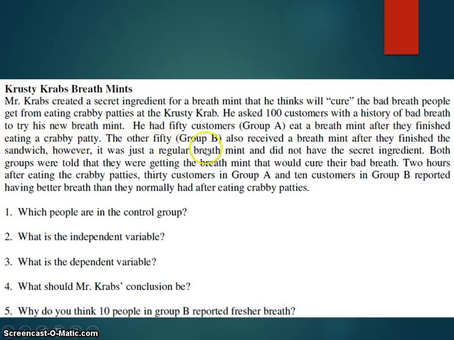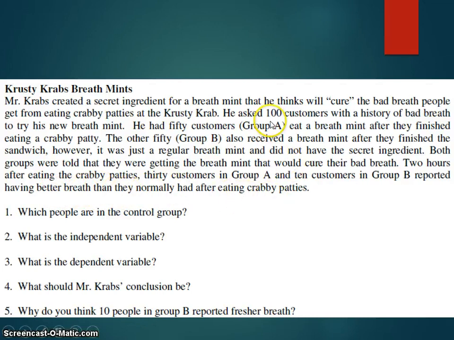The other 50, Group B, also received a breath mint after they finished the sandwich. However, it was just a regular breath mint and did not have his secret ingredient. Okay? Both groups were told that they were getting a breath mint and that would cure their bad breath. 2 hours after eating the Krabby Patties, 30 customers in Group A and 10 customers in Group B reported having better breath than they normally had after eating Krabby Patties.